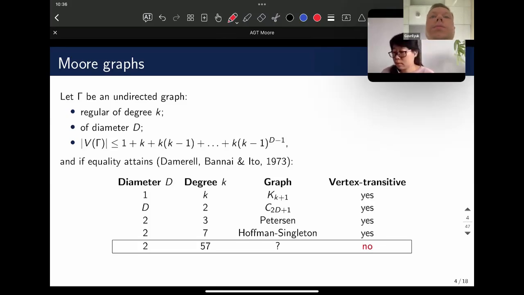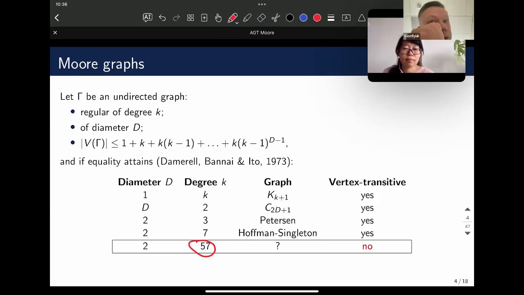So we have a complete graph, which is kind of a trivial example. Then we have an odd cycle. And then we have the famous Petersen graph, Hoffman-Singleton graph. And as I mentioned, the existence of this last possibility, a Moore graph of valency 57, is maybe one of the main open problems in algebraic graph theory.